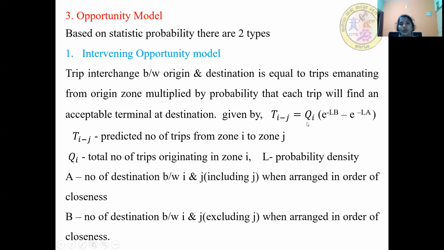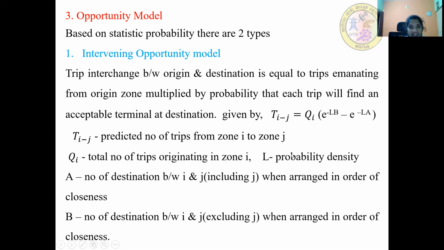This is mainly given by Tij = Qi (e^(-LA) - e^(-L(A+B))), where Tij is the predicted number of trips from zone i to j. Qi is the total number of trips originating in zone i.